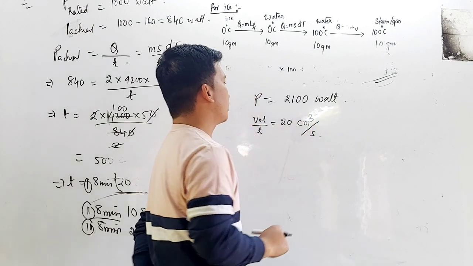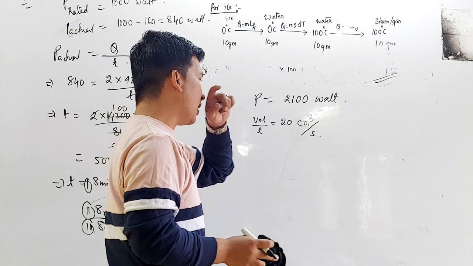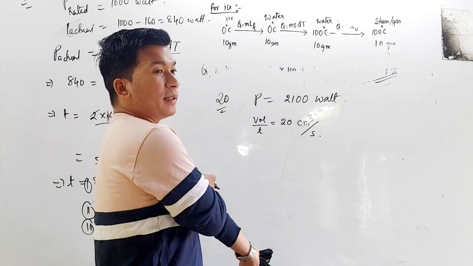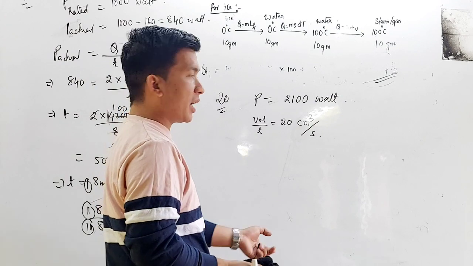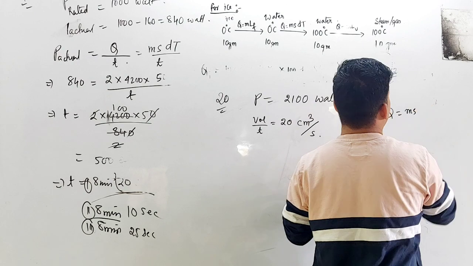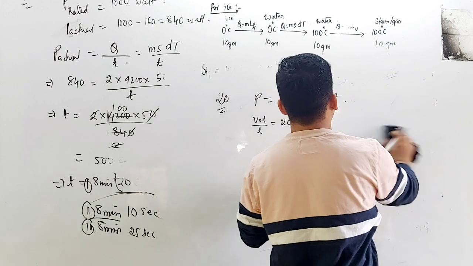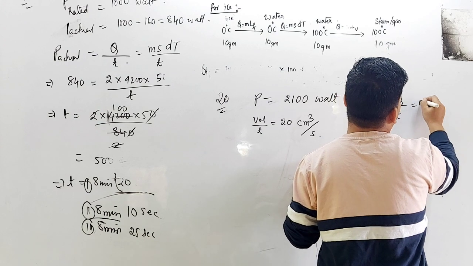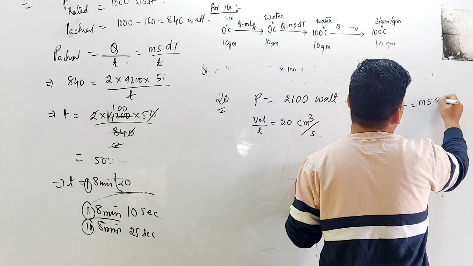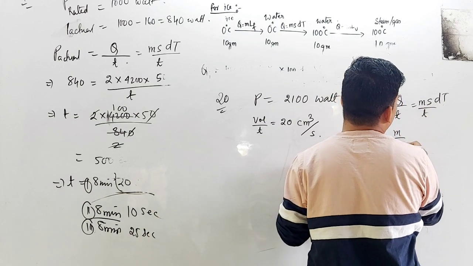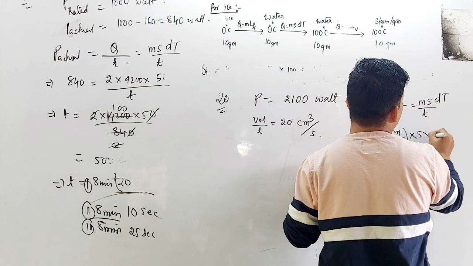second. This is cubic centimeter, and we have to convert it into liter. The formula is Q is equal to m s delta t. Power is equal to Q by t, and it may be written as m s delta t divided by small t, so we have m by t into specific heat into dt.